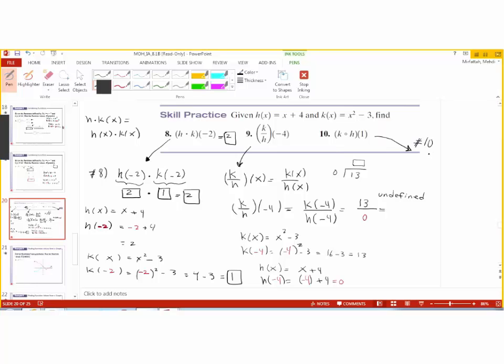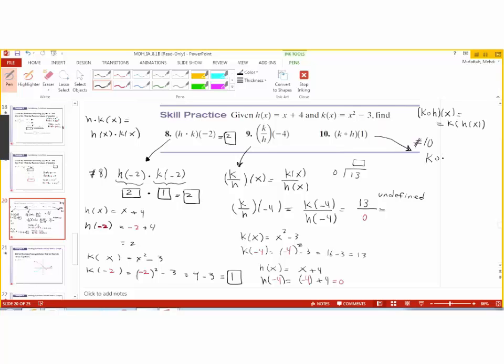Let's write down the formula first. The composition of K with respect to H of X, you rewrite this as K of H of X. That's how you say it.